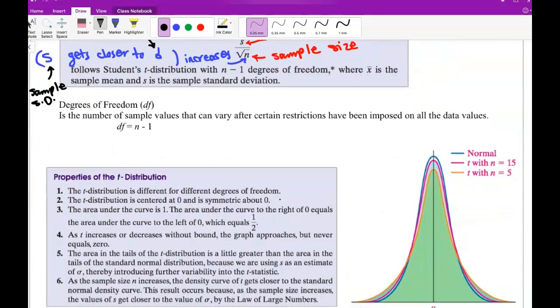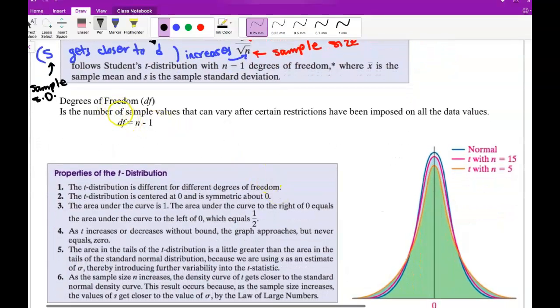Then on this part we have degrees of freedom. How can we find degrees of freedom? It is the number of sample values that can vary after certain restrictions have been imposed on all of the data values.